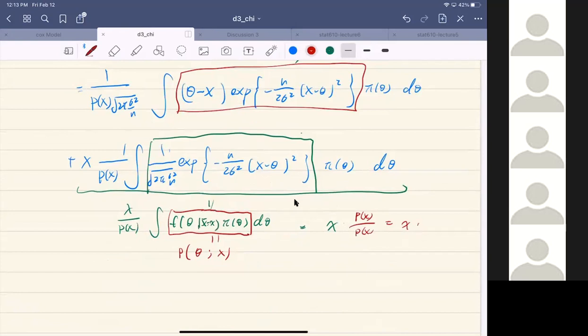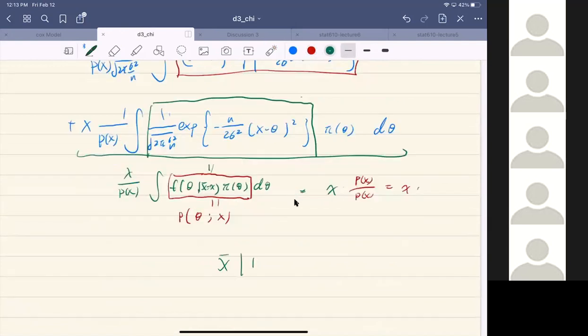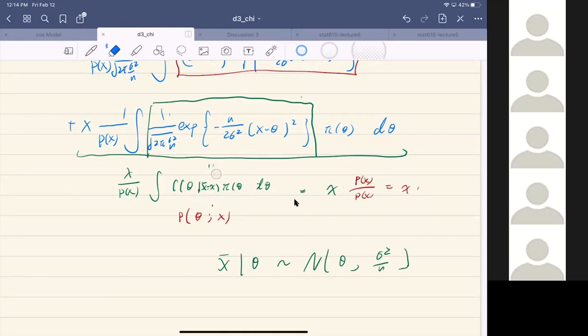But why is that equal to f of theta given x bar equal to x? Where did that come from? This term? Yes. The S bar condition on theta is the normal distribution theta, sigma over n. Right, so shouldn't it be f of x bar given theta?